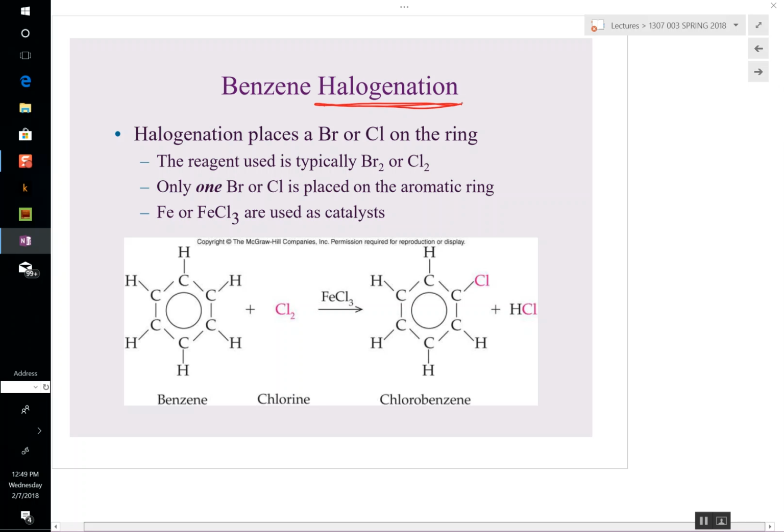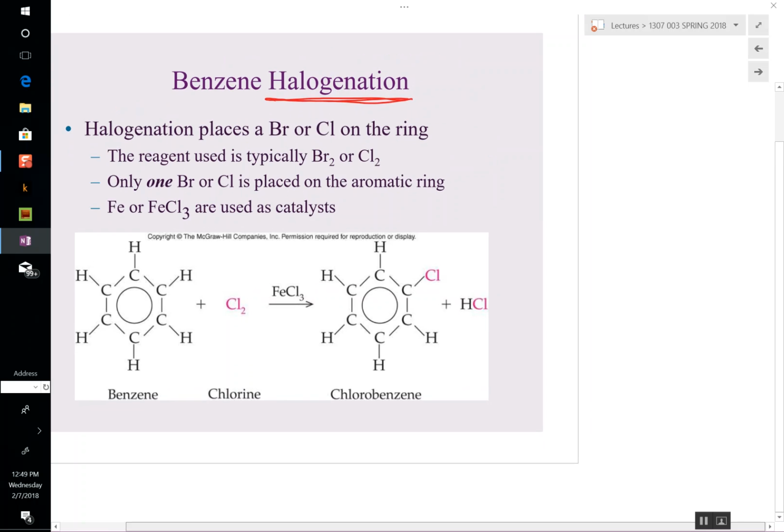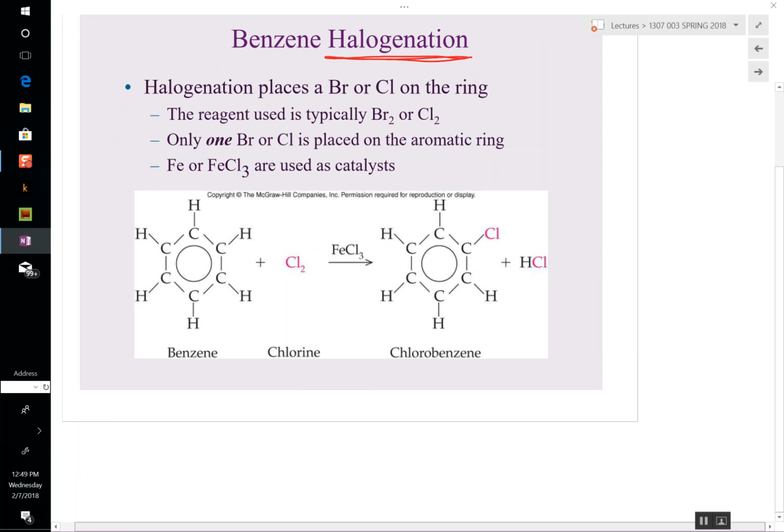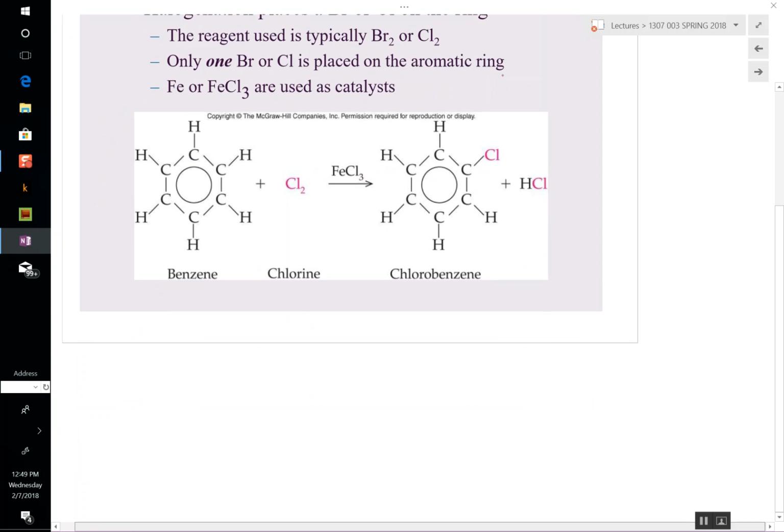There is 1 hydrogen on each one of these. So just like with the alkanes, this reaction is a substitution reaction. It's not addition. We're not adding the halogen across a double bond in the benzene. We are substituting.